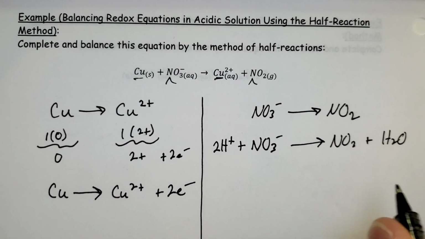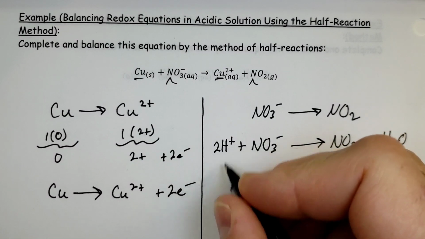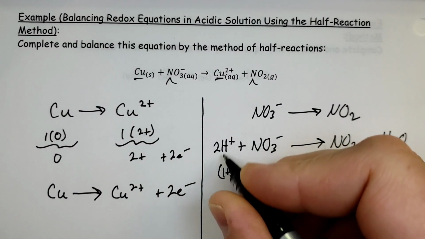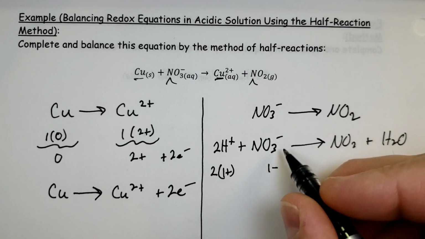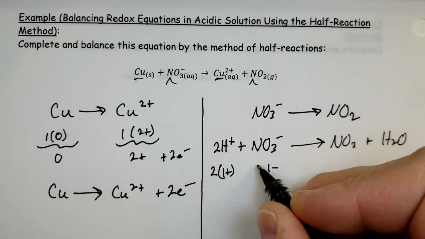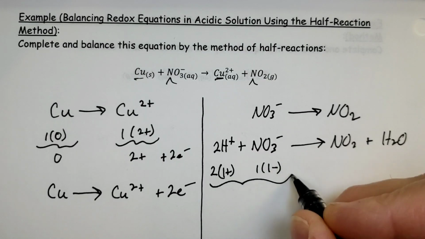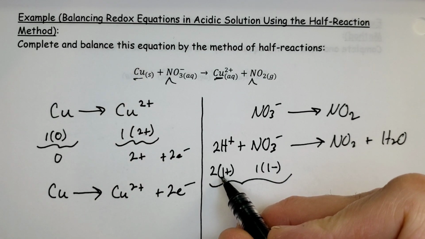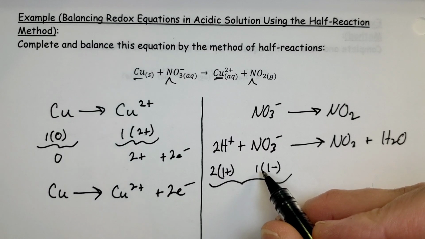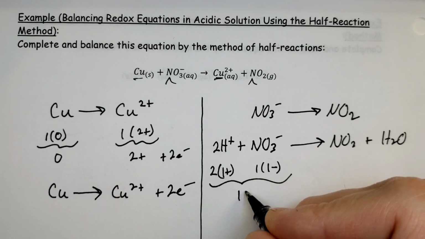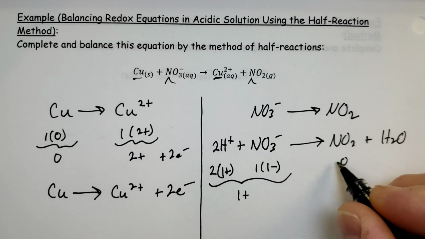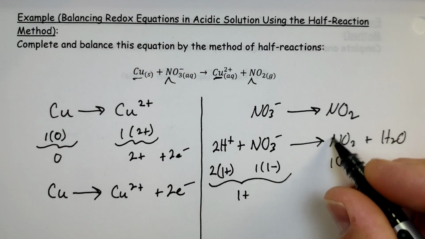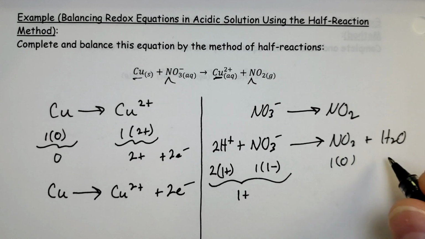So now everything is balanced, so I just have to look at charges here. So I have a 1 positive here, and I have 2 of them. And I have a 1 negative charge here, and I only have 1 of those ions. So 2 positives and 1 negative leaves me with a net result of 1 positive. Over here, I have no charge, and I have 1 NO2 molecule, so it's just simply that.